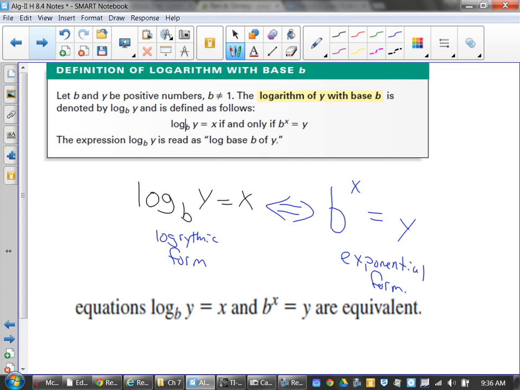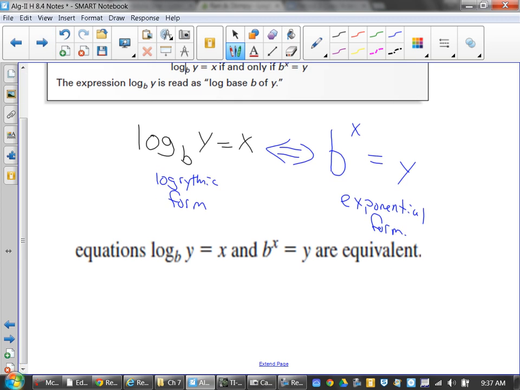I've said this before, when you're working with logs, it's a really nice, easy way of working with them. Like I said, it's log base b of y is x, and b to the x is y.